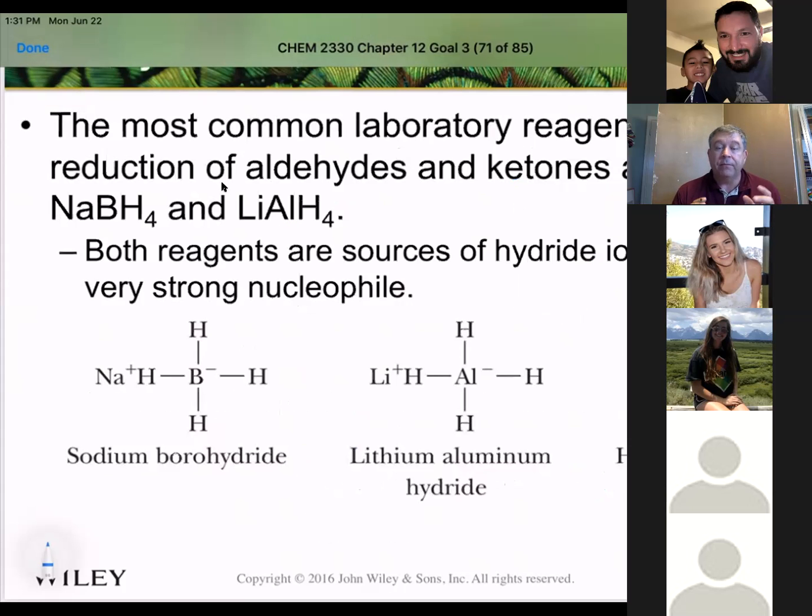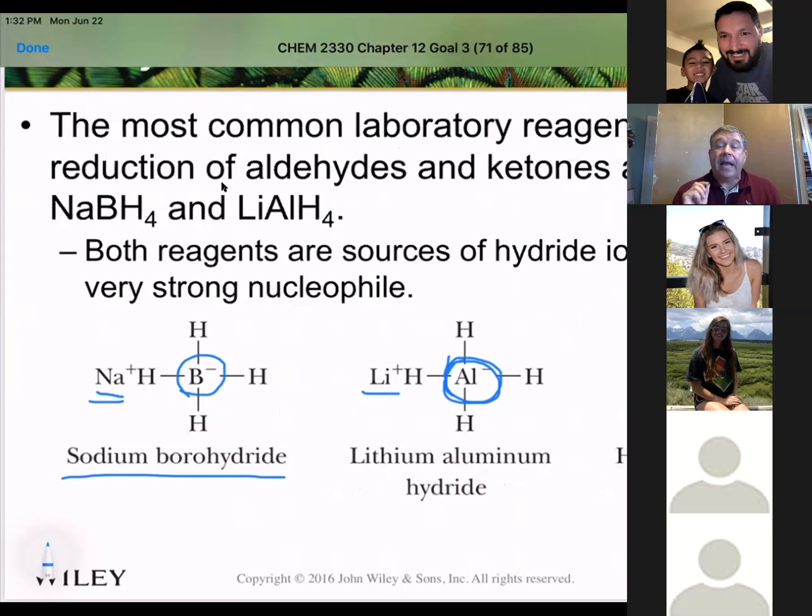Okay, so we have 2 at our disposal here. We have sodium borohydride, and that's because we have boron with 4 hydrogens on it, and then sodium is the counterbalancing ion. We can also do it with aluminum. So we call this lithium aluminum hydride because we have 4 hydrogens around that aluminum.